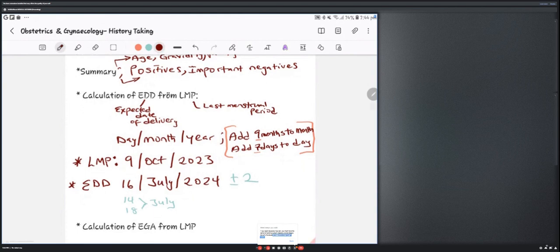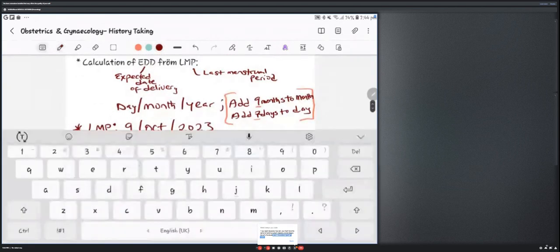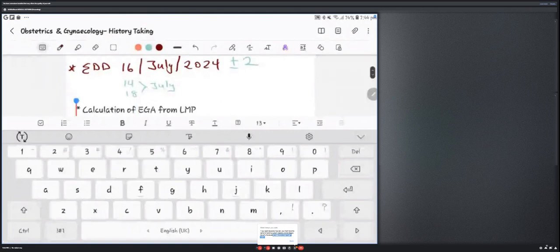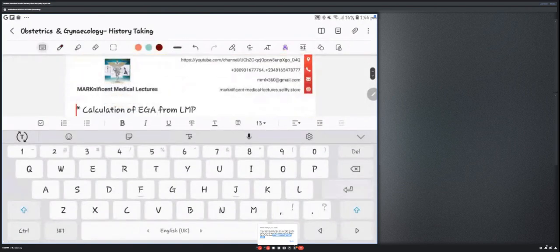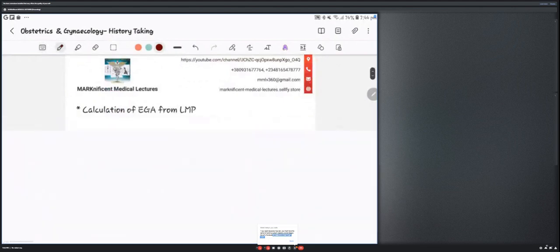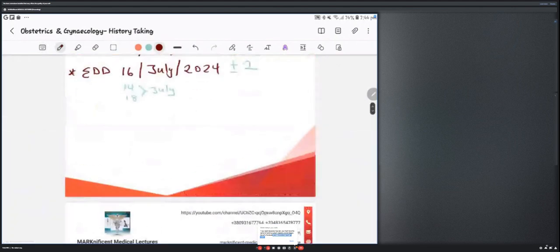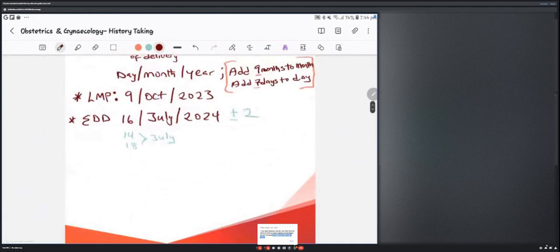So let's try one more example and then we'll move to the next part. I need another date, please. Anybody? Which is within 9 months. 14th February. Okay, 14th February. That's a good one.